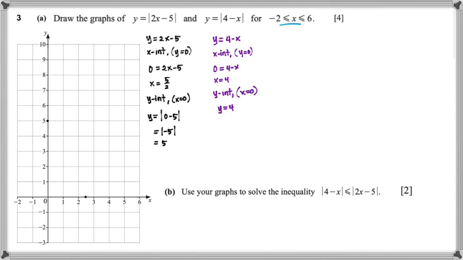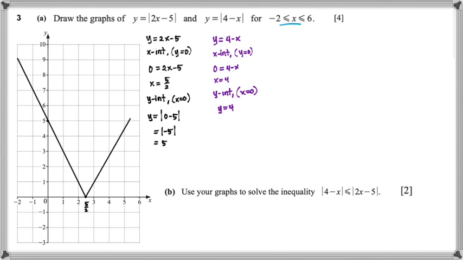Let's label this line. Let's use black. So these are 5 over 2 and this is our 0, 5. Let's connect this line. It's a modulus, so we need to extend as far as we like. So that's the first line, and then we just need to reflect.